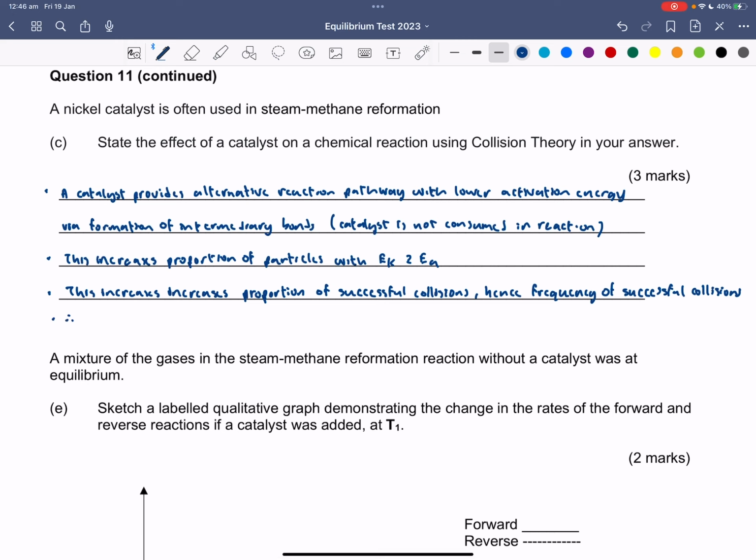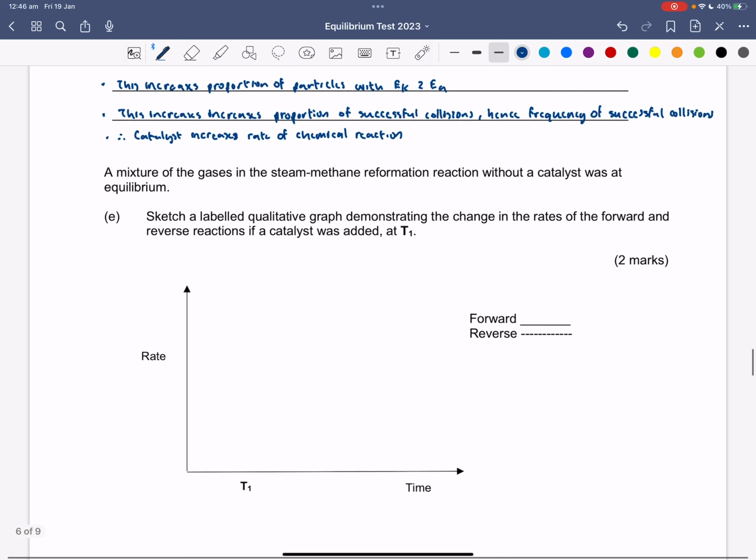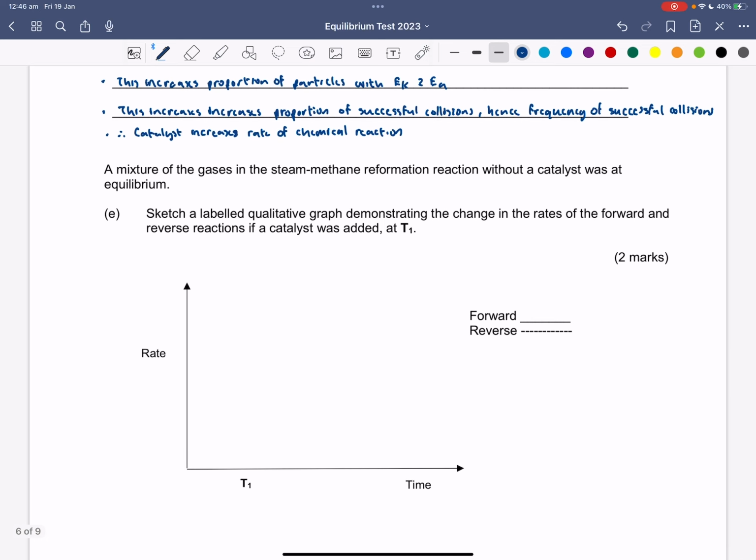Therefore, a catalyst increases the rate of a chemical reaction.